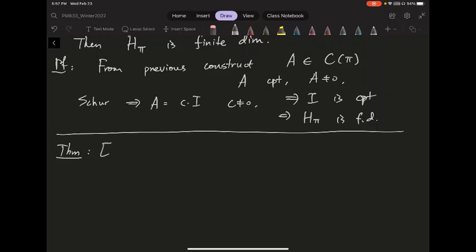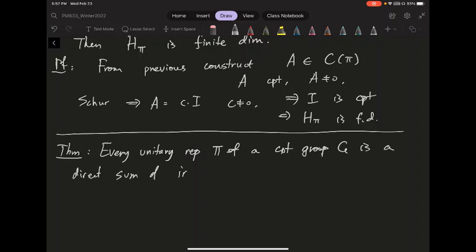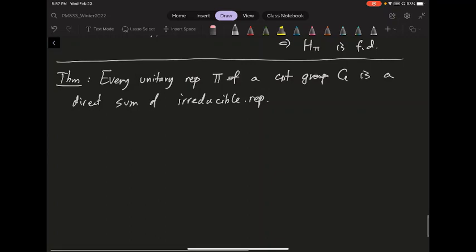So every unitary representation pi of a compact group G is going to be a direct sum of irreducible ones. And not only is it a direct sum of irreducible ones, we know each of these irreducible ones is also finite dimensional. So it's a direct sum of finite dimensional unitary representations.